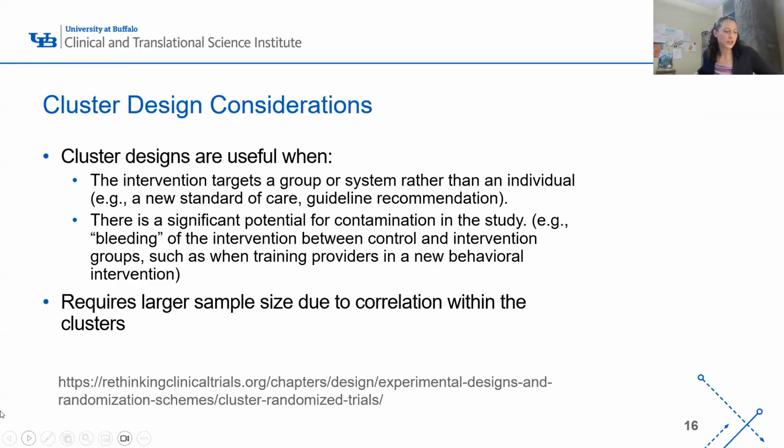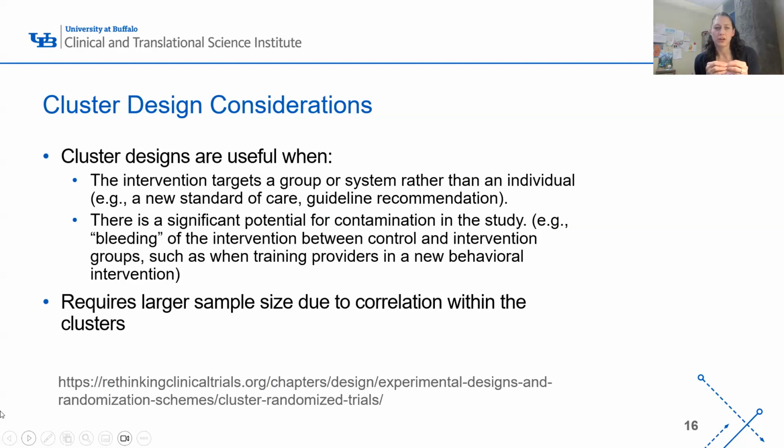And so these are often useful in cases where your intervention is at the group level. So if you're trying to implement a new standard of care or a new process or a guideline, because this often introduces a potential for contamination. Let's say you're training providers in the motivational interviewing that we had in that previous example.